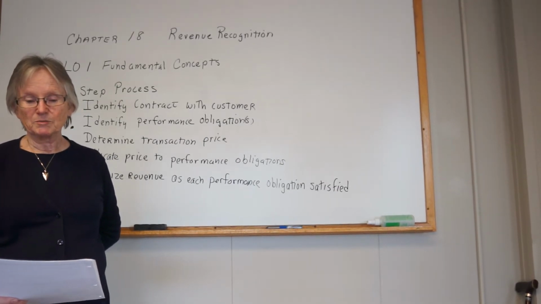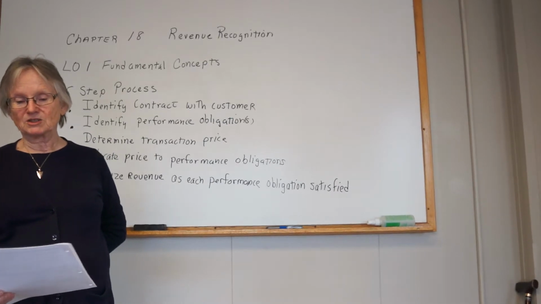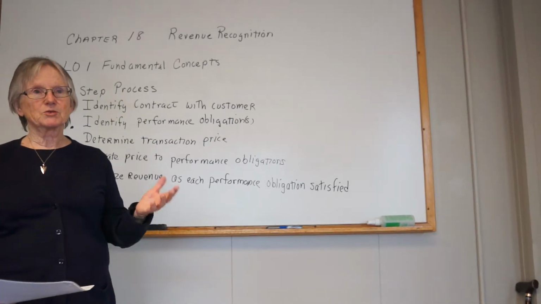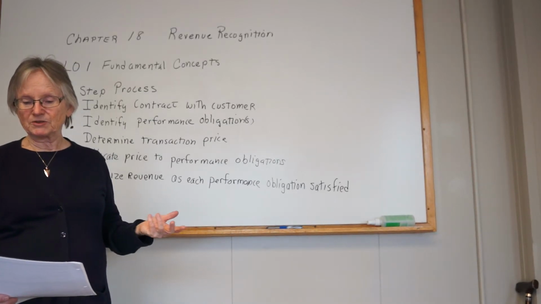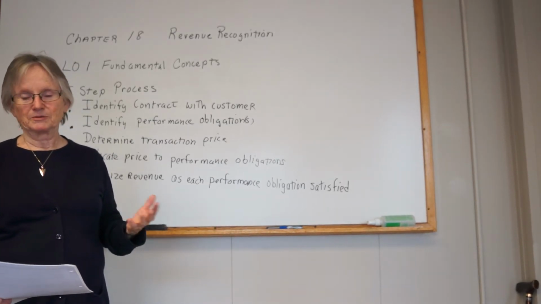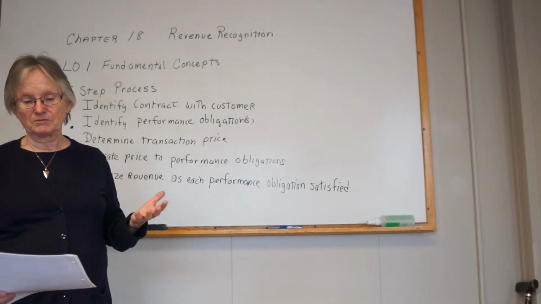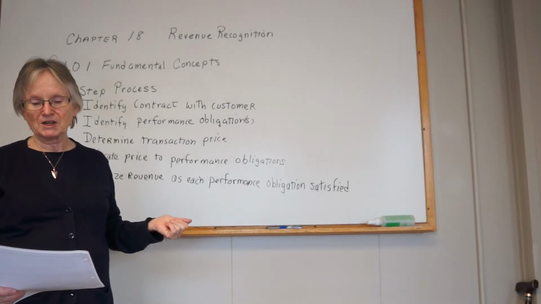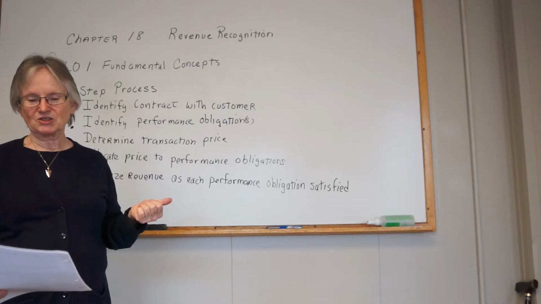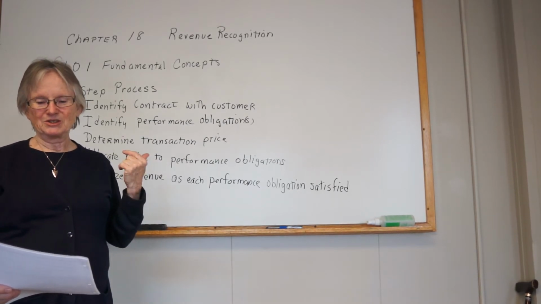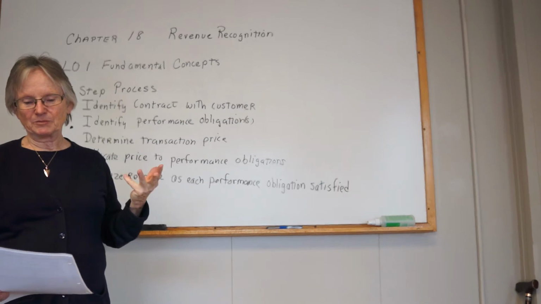And the software remains functional without updates and technical support. So you ask the question, are they distinct performance obligations? The customer could benefit from each of them on their own, and they could have others install them. So basically you're dealing with 4 performance obligations: the license itself, the installation, the support, and the updates.